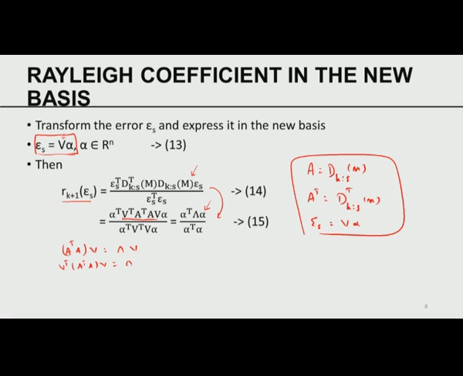Therefore, this complex matrix in the numerator becomes simplified as a diagonal matrix. We also know V transpose V is equal to I, which comes from the orthogonality of the eigenvectors. The denominator gets simplified by this. Therefore, I have decoupled both the numerator and the denominator.